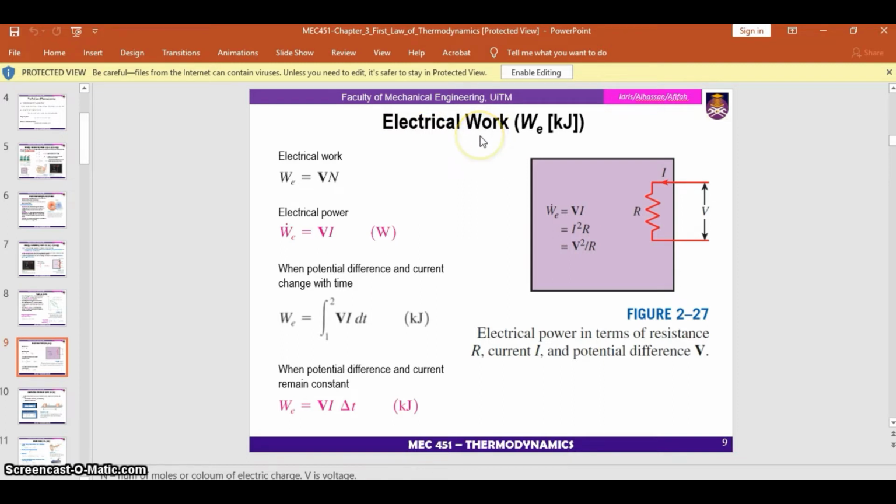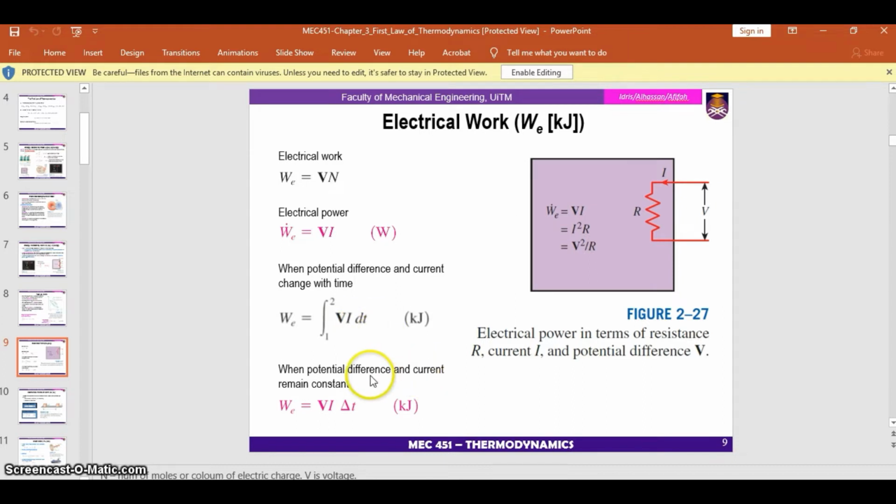Based on electrical work, the work that we can calculate is based on this formula, and the power can also be calculated where power is equal to voltage times current. So from here, the work can be found using the concept of the integral of V I dt.